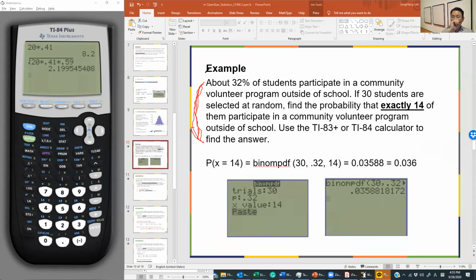So try to figure out what's n, what's x, and what's p, all that, and then try to put it in the calculator, and see if you get the same answer. Why don't you try it right now? I can see who's doing it and who's not. So please try this right now and see if you can get the same answer.